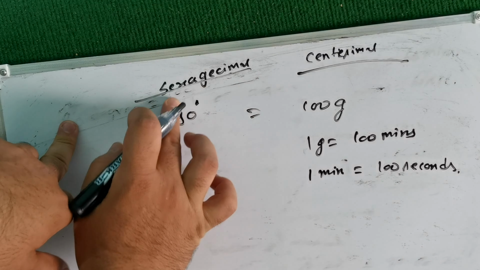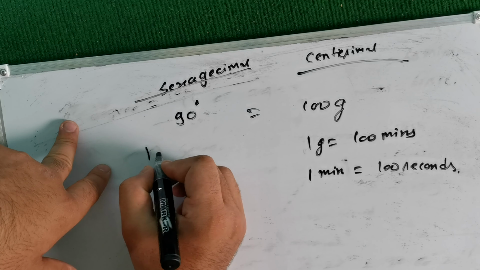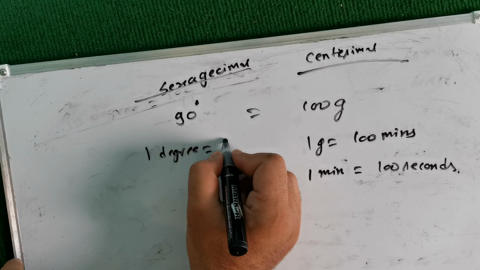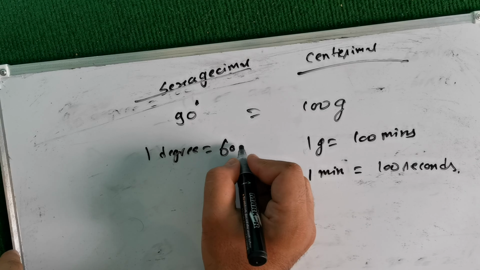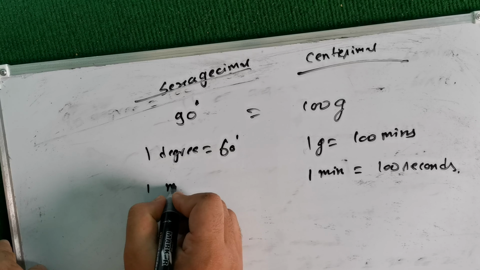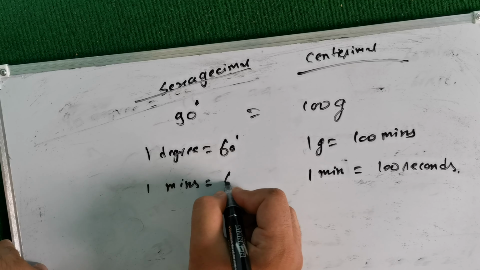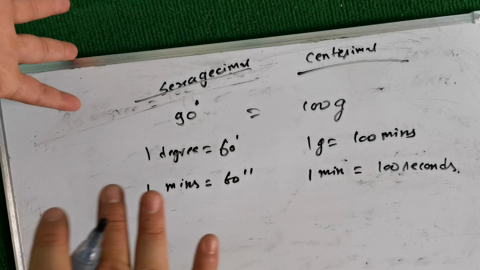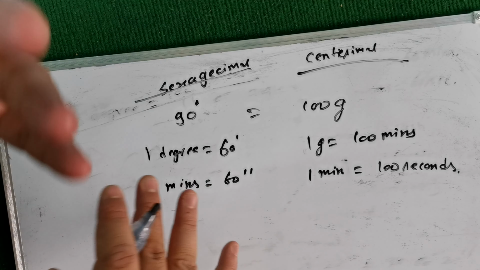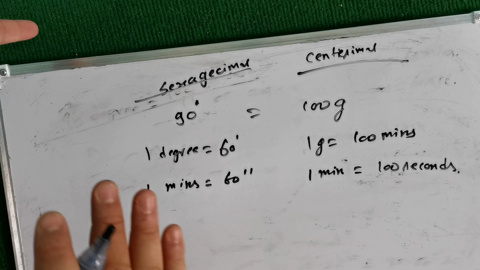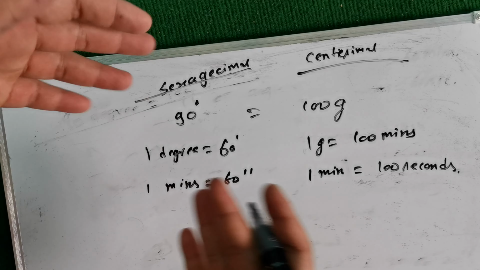Here in sexagesimal, 1 degree is equal to 60 minutes and 1 minute is equal to 60 seconds. You will not be asked to convert 90 degrees to grade, grade to minute, or grade to degree. You will not be asked this type of question.